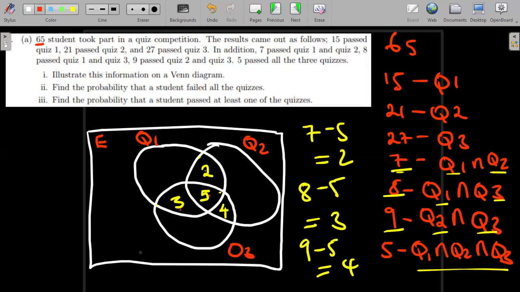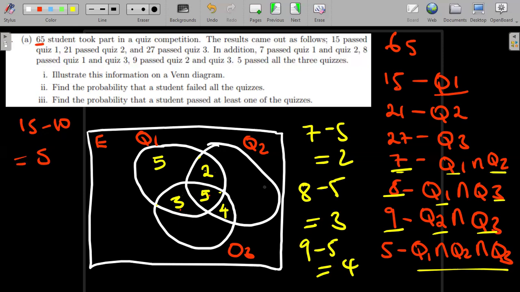So you add 3 plus 5 plus 2, like that, then minus. So you check how many took part in quiz 1. And they're telling us that 15 took part in the entire quiz 1. So meaning we'll say 15 minus what we got, which was 10. And this gives us 5. So it means 5 managed to pass only quiz 1.